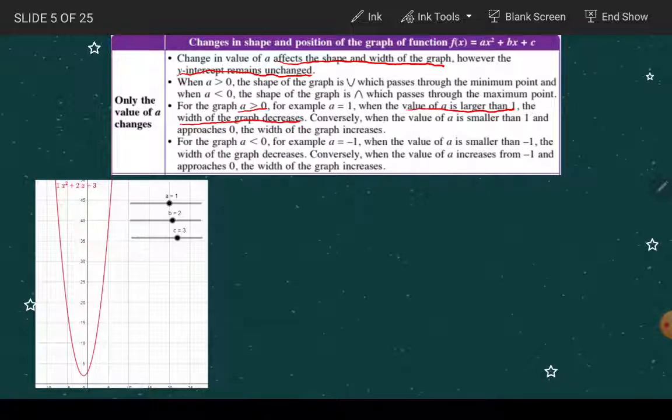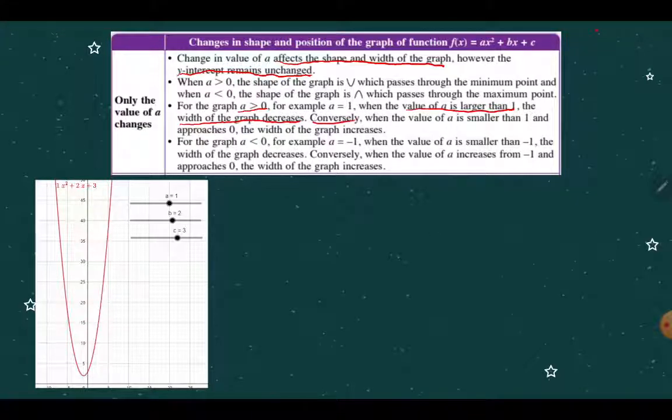Conversely, when the value of A is smaller than 1 and approaches 0, the width of the graph increases.